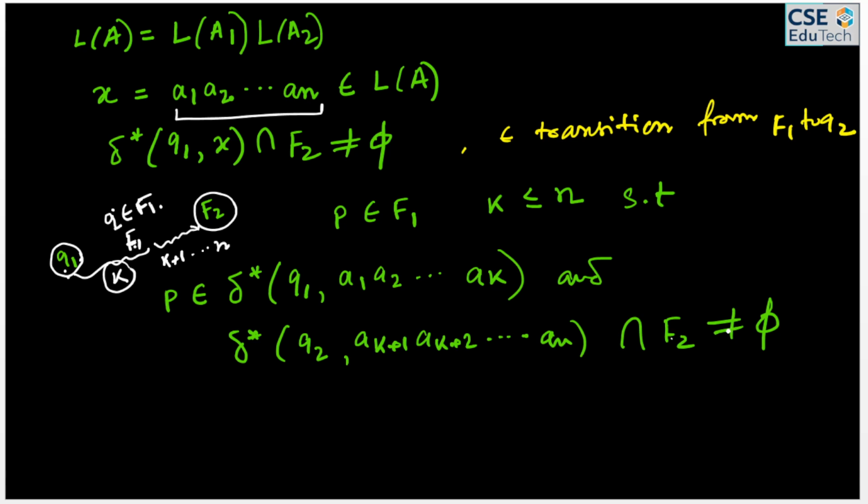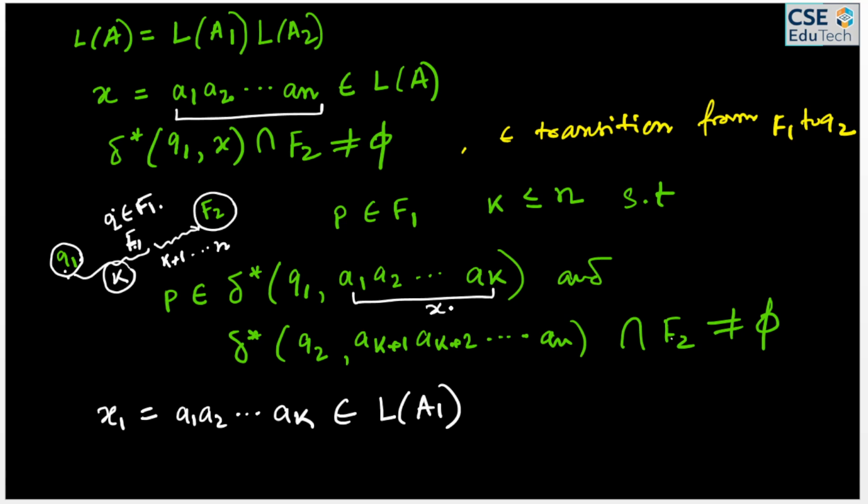The implication is that X1, which is A1 A2 up to Ak, belongs to the language accepted by automaton A1. That means we consider A1 to Ak as X1, so the first automaton A1 will accept this X1.